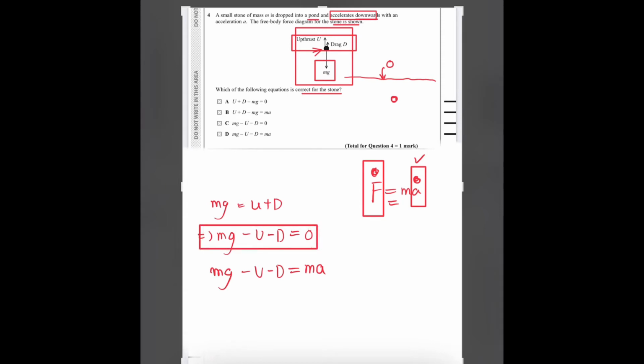That would be the answer in case it was moving downwards at terminal velocity, but it is not, since it is accelerating downwards. When there is acceleration, there is a resultant force. So this is the answer. The answer to this question is D.